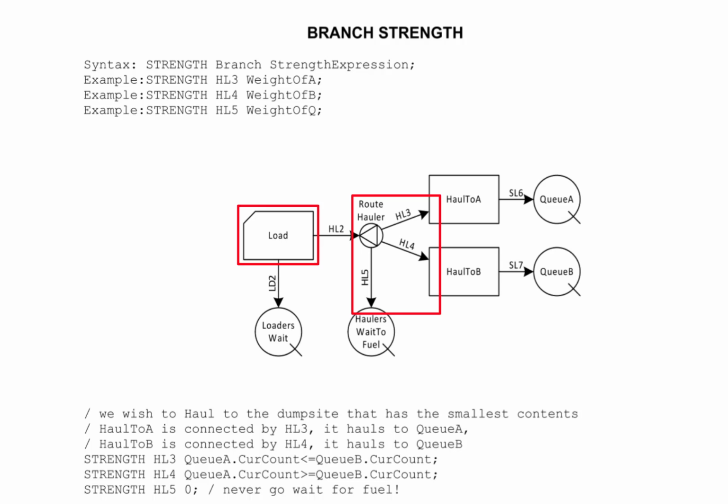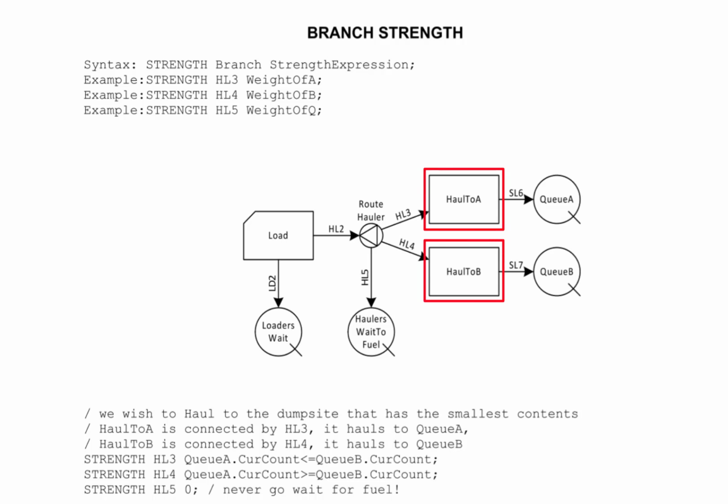This way, the fork route hauler will make a decision to choose either HL3 if the contents of QA are less than the contents of QB, or to choose HL4 if the contents of QB are less than the contents of QA.